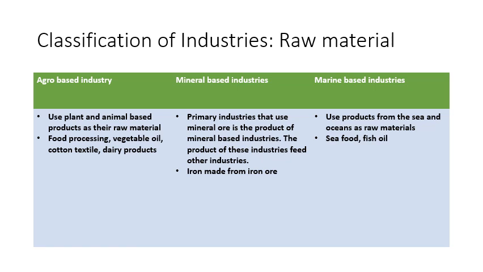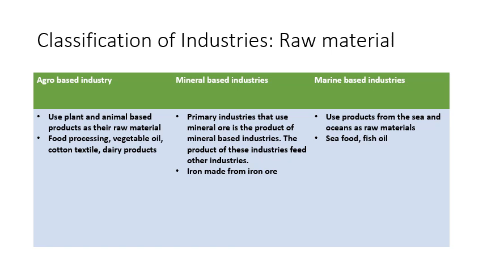Agro-based industry uses plant and animal-based products as its raw material. So this agro-based industry is completely connected to plant and animal-based products.